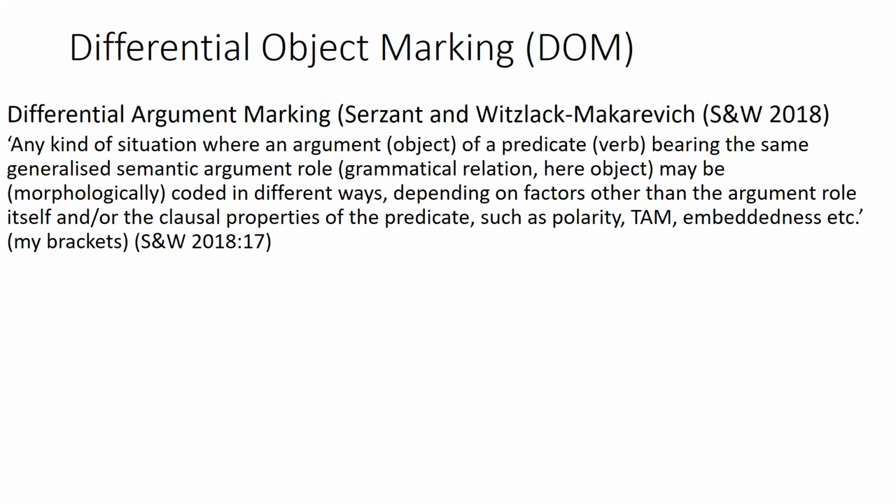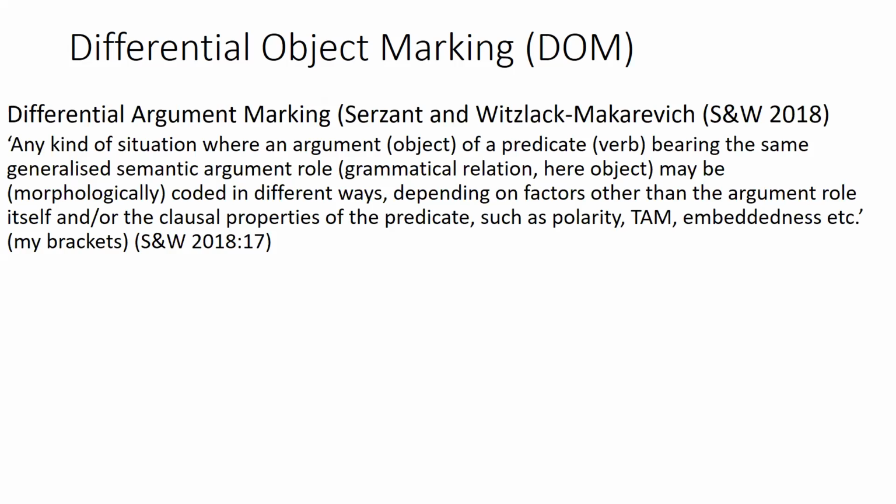A quote here: any kind of situation where an argument, here object, of a predicate, here verb, bearing the same generalized semantic argument role, I think it'll be better to call this a grammatical relation, which is an object here, may be morphologically coded in different ways depending on other factors like argument role, clausal properties, polarity, TAM, embeddedness, etc.